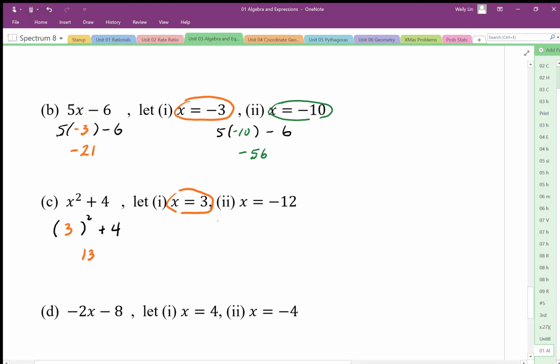So x squared plus 4, x takes on a value of negative 12. Negative 12 squared is 144. Positive 144 plus 4 is going to be 148.